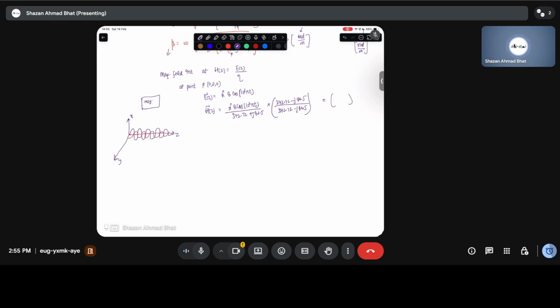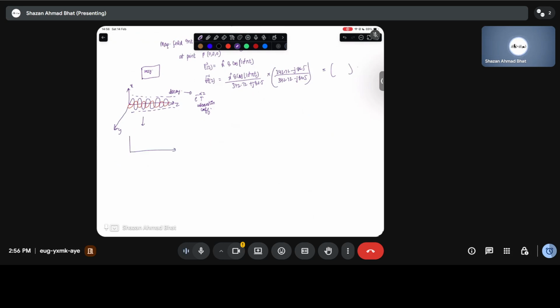So the electromagnetic wave is going to face a decay in the z direction, and that decaying factor is e to the power minus alpha z, where alpha is the absorption or attenuation coefficient. So your electromagnetic wave exactly looks something like this, with the magnetic field looking something like this. So this is going to exponentially decay in the z direction.